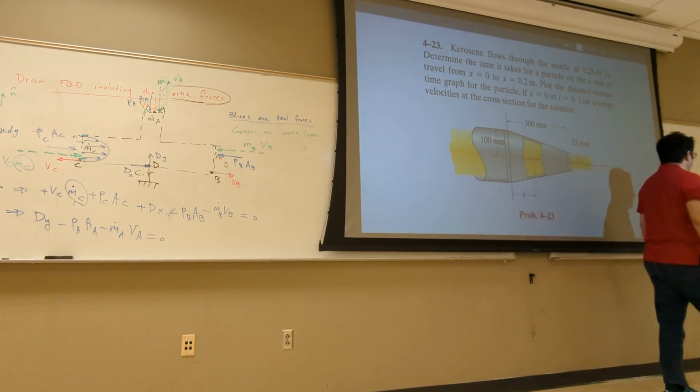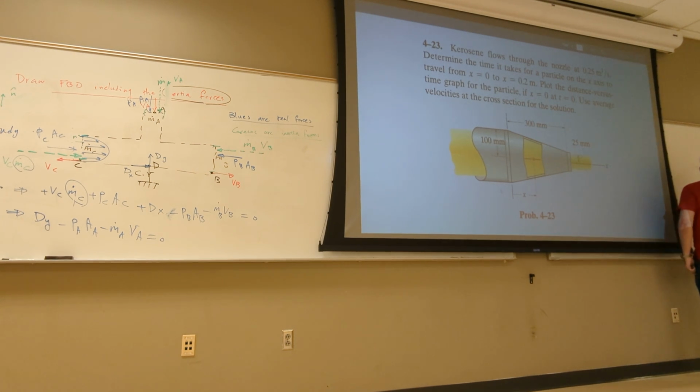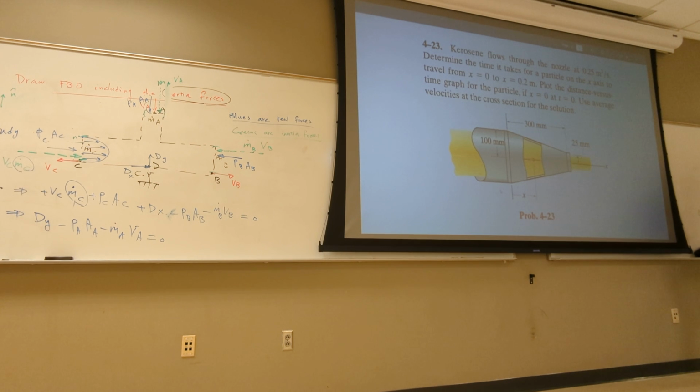Right? So here you have pressure, PA, AA. Let's say this is point A, point B. What's my PB? AB, what's the value of PB? What's the magnitude of PB?